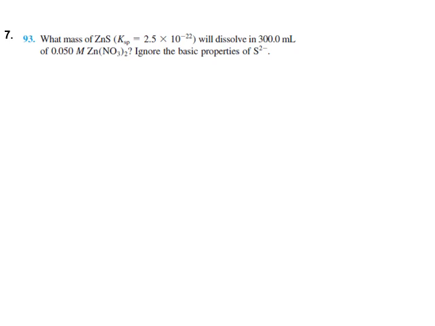So it's not 0 plus X for zinc, it's 0.05 plus X. And for the sulfide, it's 0 plus X, which means we wind up with 0.05 plus X times X. But if we assume that first X is negligible, we just wind up with 0.05X equals KSP. And we're given the KSP, so we can figure out what X is.